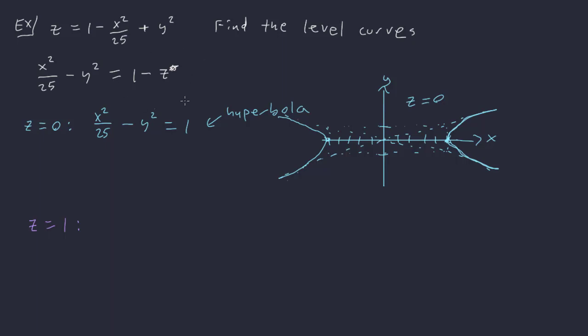And this is going to be kind of strange, because what we're going to end up with is x squared over 25 minus y squared is equal to 1 minus 1, which is 0. So now we can move that y squared over to get x squared over 25 is equal to y squared.